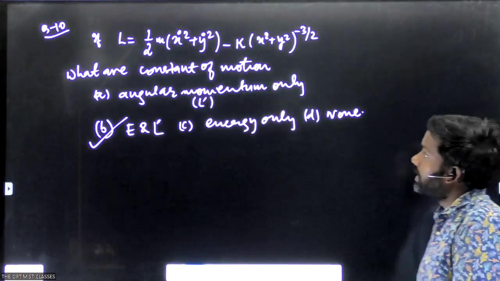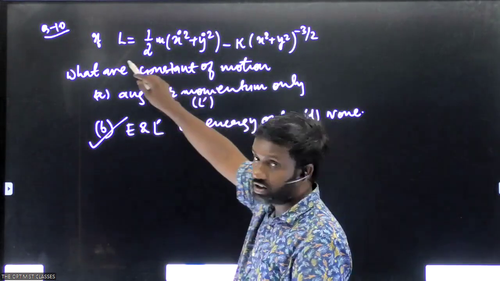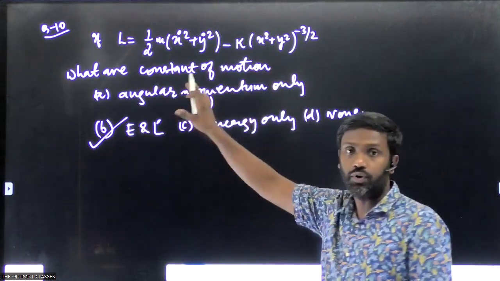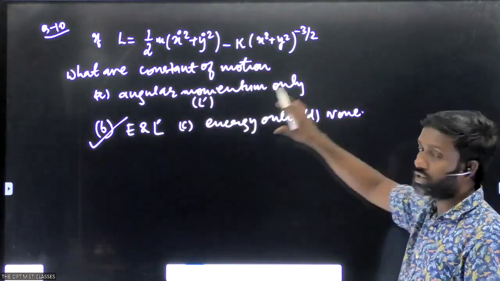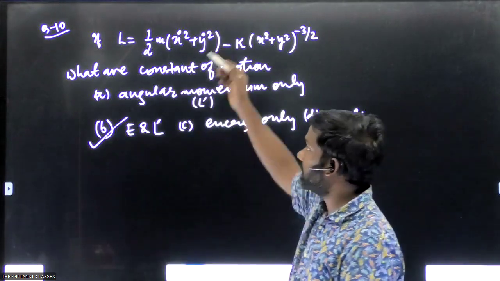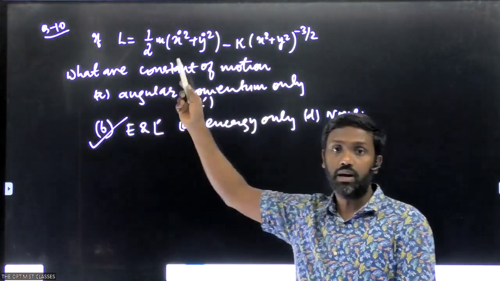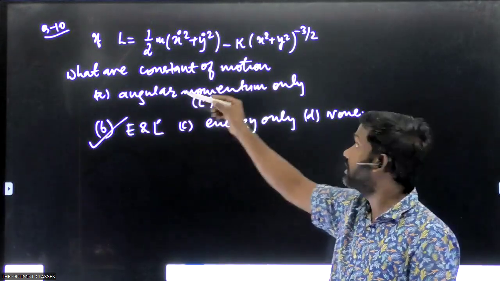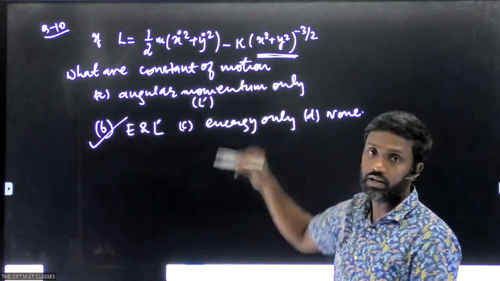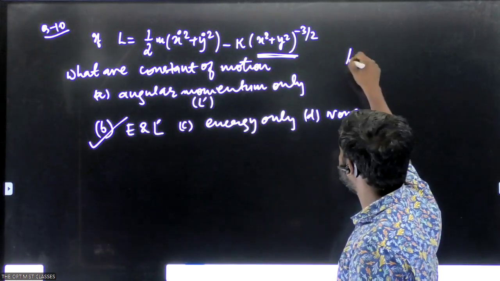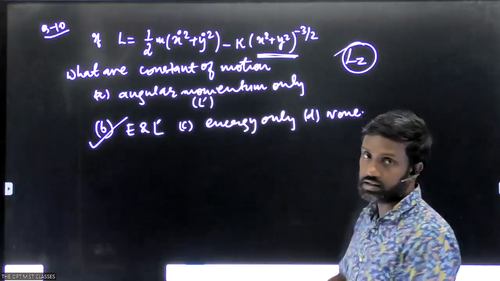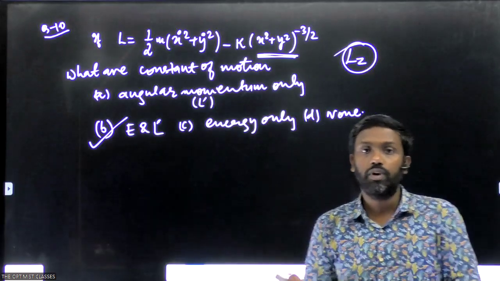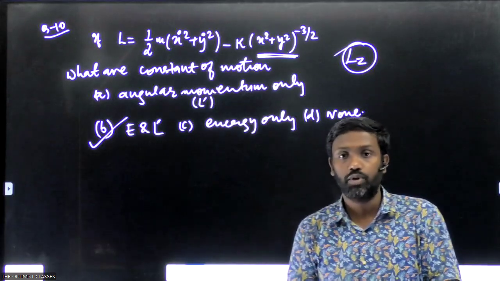Now it says there is a Lagrangian given, and the question is, for this system, what are the conserved quantities? You can see the Lagrangian is not explicitly time dependent, so energy is conserved, and there is a factor of x square plus y square. So here Lz is conserved. The particle is moving on the xy plane, so it has only the z component of angular momentum.